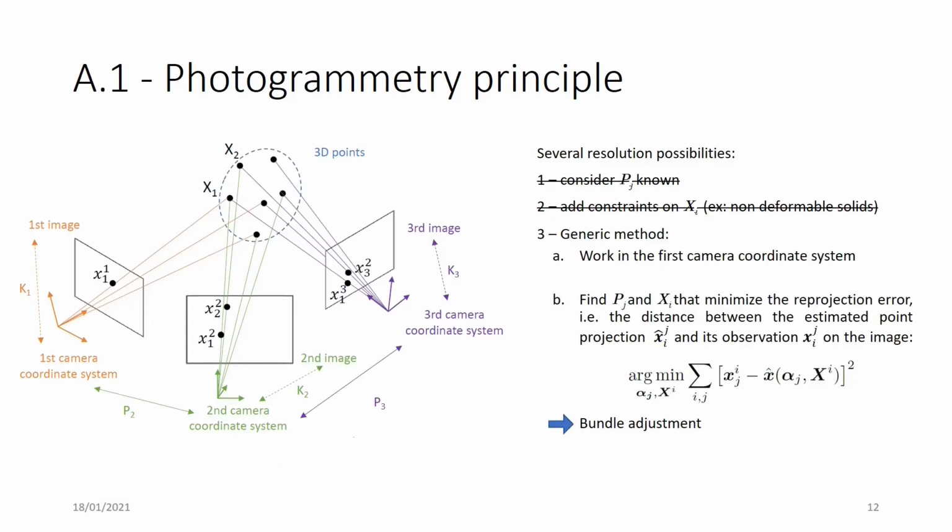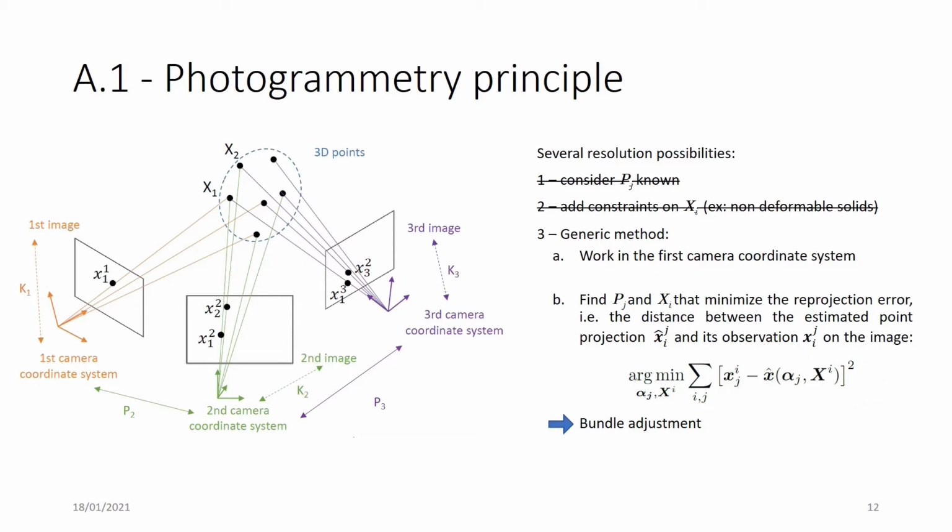For the moment, we will stick to the generic method where we remove the aircraft coordinate system and work only in the camera coordinate system. Then you will try to find the camera matrix Pj and the 3D point xi that minimize the reprojection error. That means the distance between the estimated point projection xij hat and its observation xij on the image here.